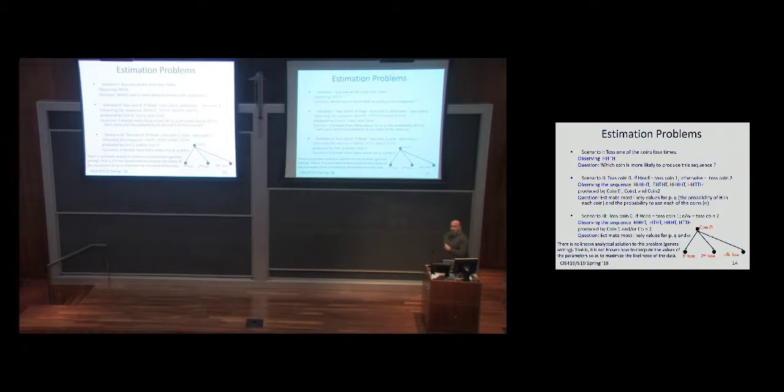Now, let's relax it a little bit. I'm not telling you that this is coin 1, coin 2, coin 1, coin 1. Rather, I'm telling you the probability that this is from coin 1 is a half, a half, a half, a half. What will you do now? You're going to do the same thing. You're going to count. Okay, so let's concentrate on point 1. So these 3 heads really count as 3 over 2 heads.